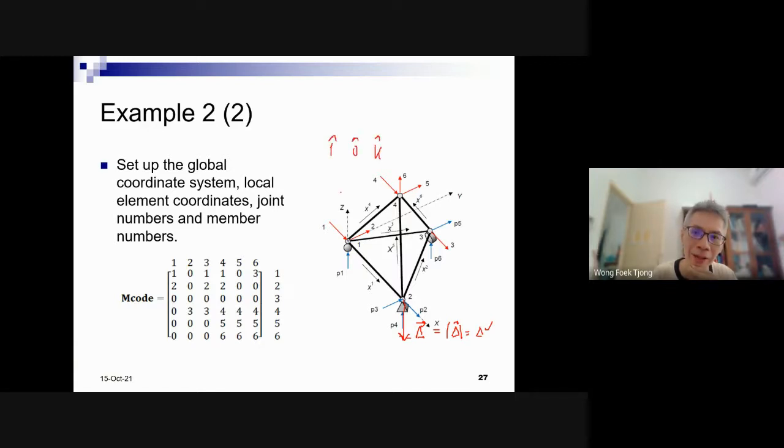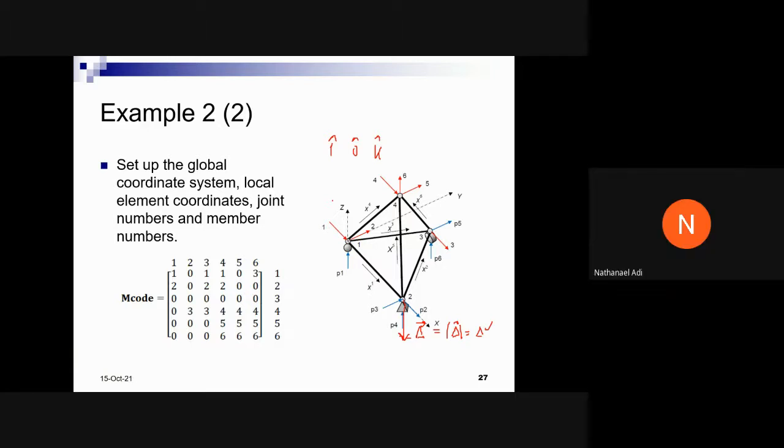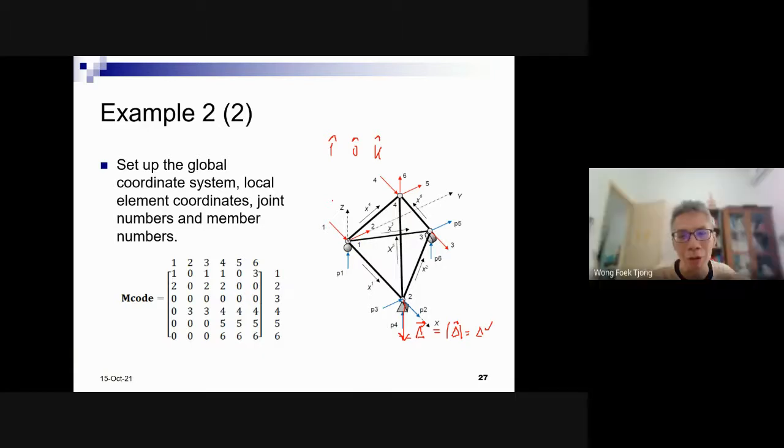What is ijk? Do you know them? XYZ? No, that's unit vector. XYZ is axis. This is not axis, but vector. Unit vectors i, j, k. Yes, they are parallel to X, Y, Z, but not the axis. Okay, this is the unit basis vector.